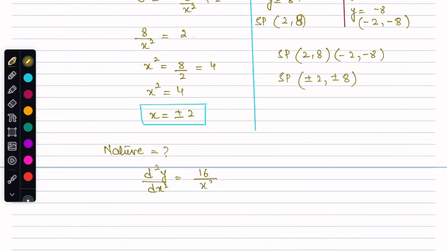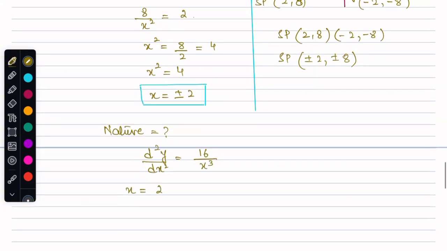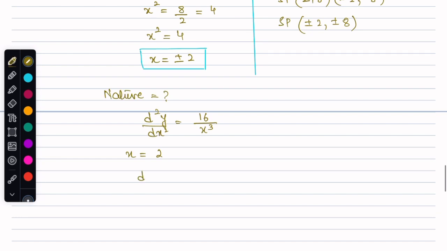So in this second derivative equation, if I substitute x as 2, I can see that the second derivative d2y over dx square is positive. So this becomes 16 divided by 2 cube, which is 16 divided by 8, or I can say the second derivative d2y over dx square is equal to 2, and this 2 is greater than 0.